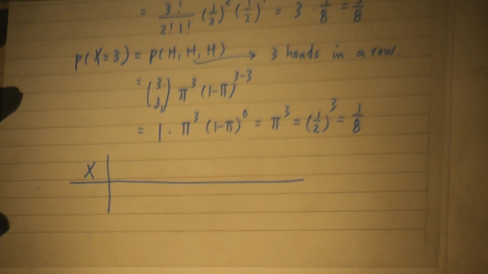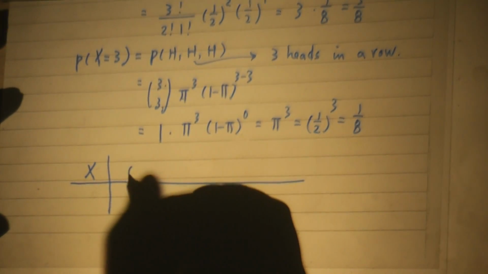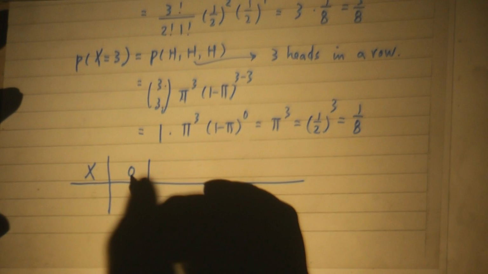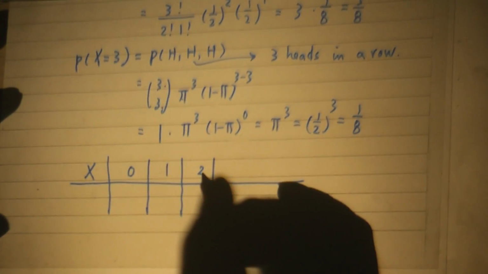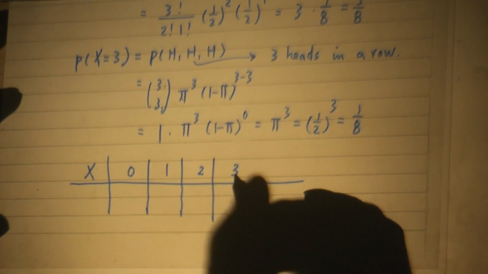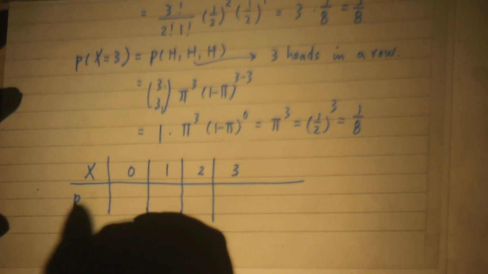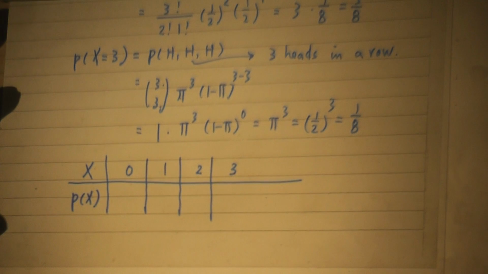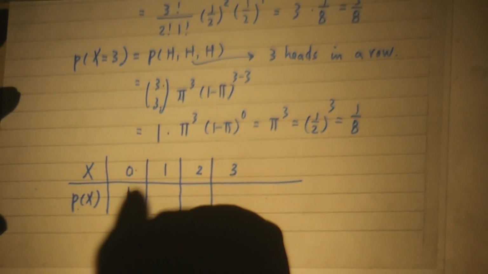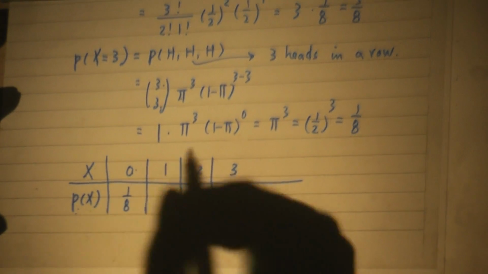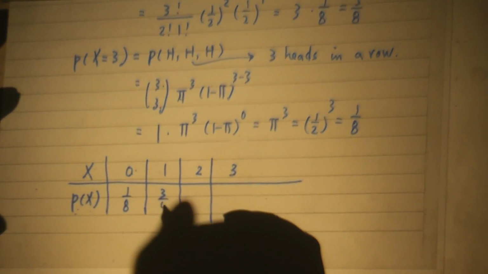Possible values of x, when I flip a fair coin 3 times, I can see no heads, that means 3 tails, or 1 head, that means 2 tails, 2 heads, that means 1 tail, or all 3 are heads, that means no tail. Okay? And how likely we see them? I just summarize what we get. Probability x equal to 0 is 1 over 8. Probability x equal to 1 is 3 over 8.